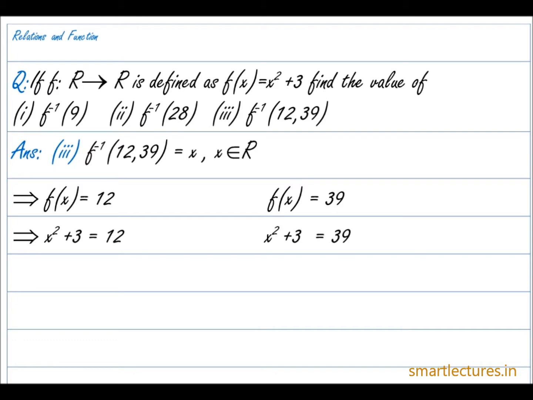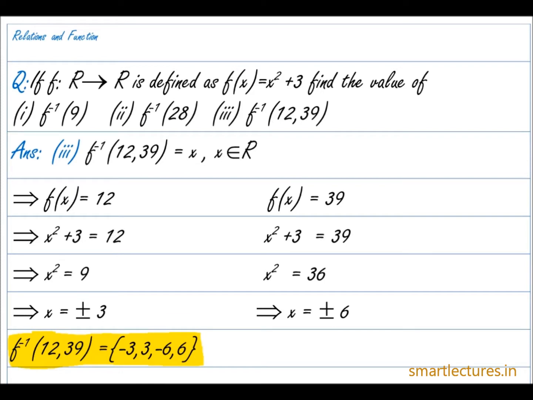Now if x square plus 3 is equal to 12, we can write x square is equal to 9. Similarly, in place of x square plus 3 is equal to 39, we can write x square is equal to 36. Now solving both of them, we get x is equal to plus minus 3 and x is equal to plus minus 6. So f inverse of 12 and 39 consists of 4 elements: minus 3, plus 3, minus 6 and 6.